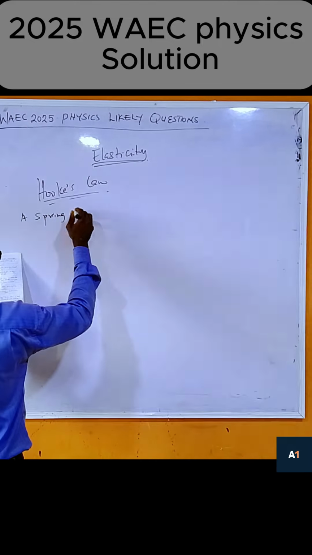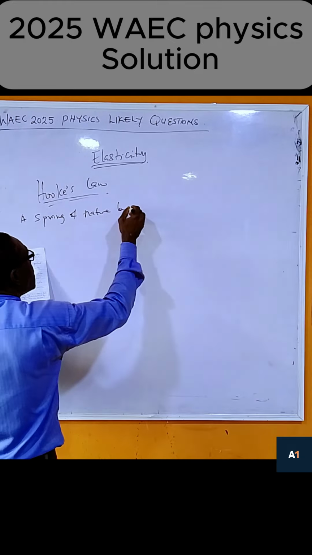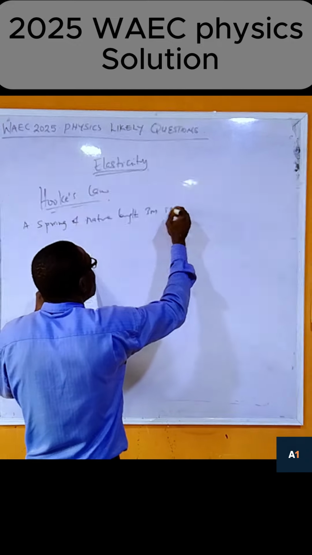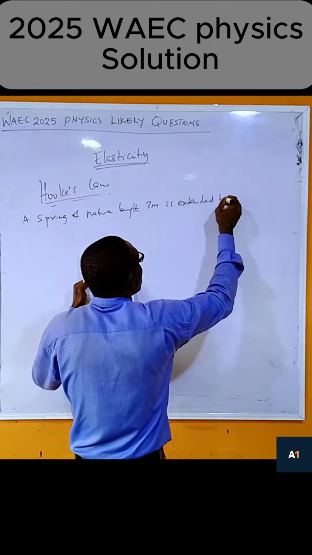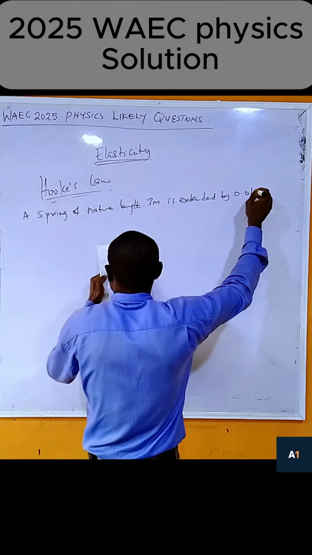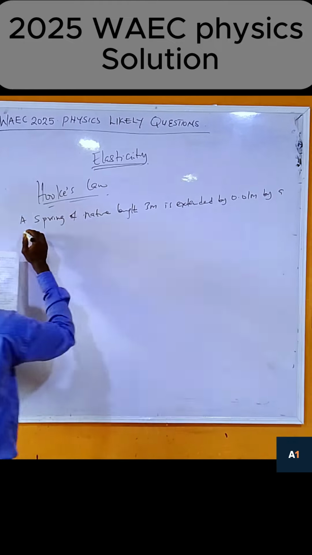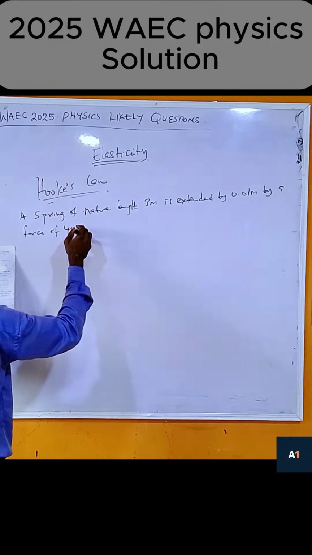Let's say a spring of natural length 3 meters. That is the natural length. It is extended by 0.01 meter by a force of 4 Newton.